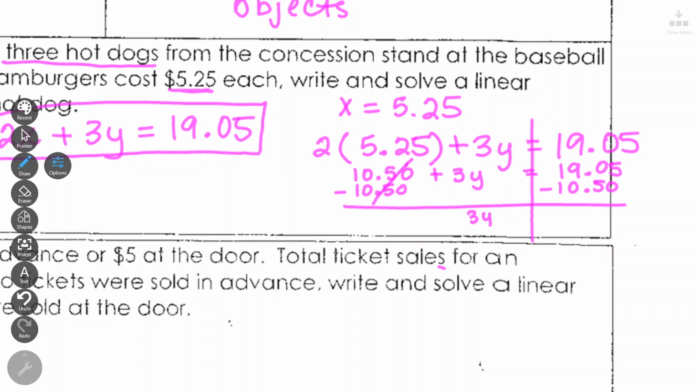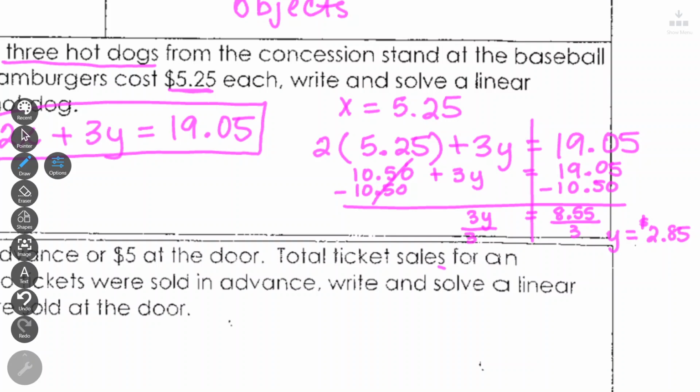We have 3y equals $19.05 minus the $10.50. Enter that in your calculator and you get $8.55. Now you're going to divide by 3 on both sides. So our y equals $2.85.